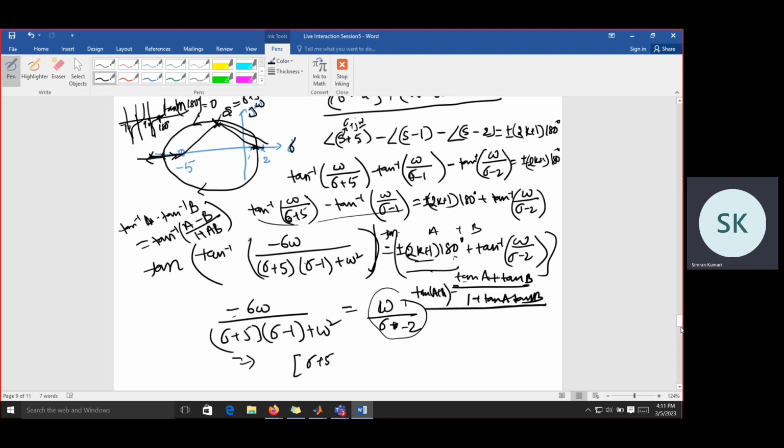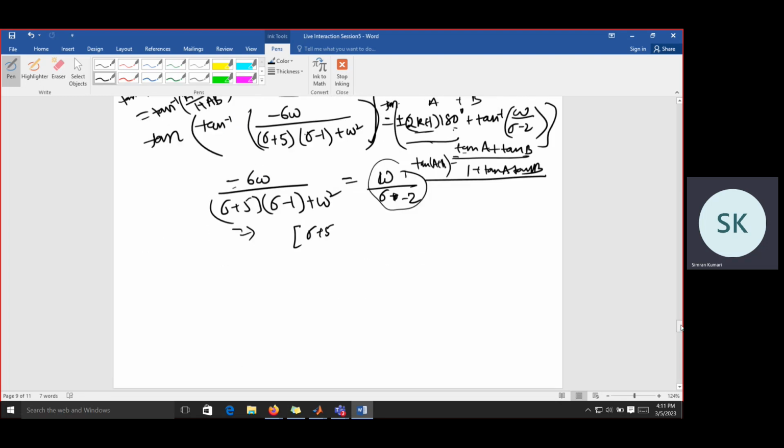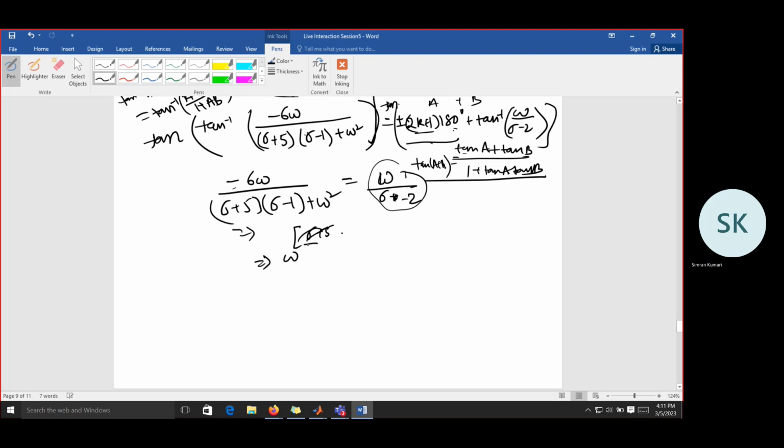This is a relation, I think. If you simplify this, you'll get this one, and further simplifying, you'll get omega times (sigma plus 5) square plus omega square minus 42 equals 0.